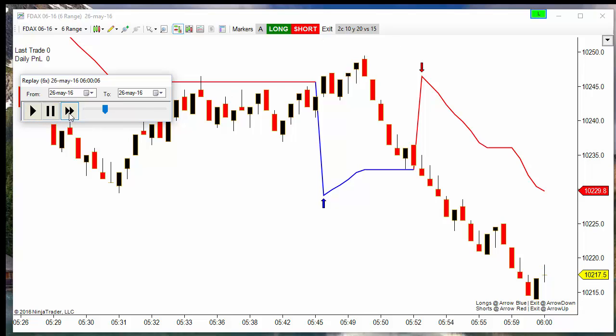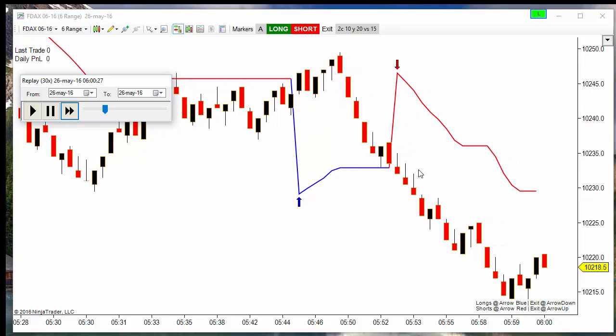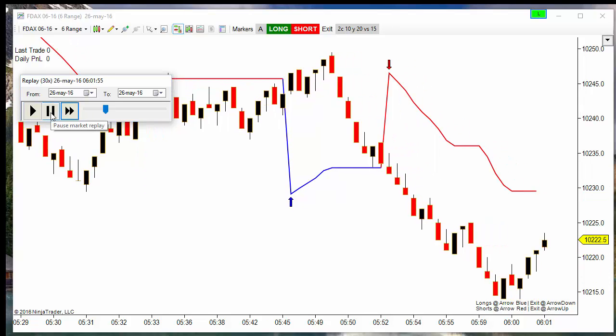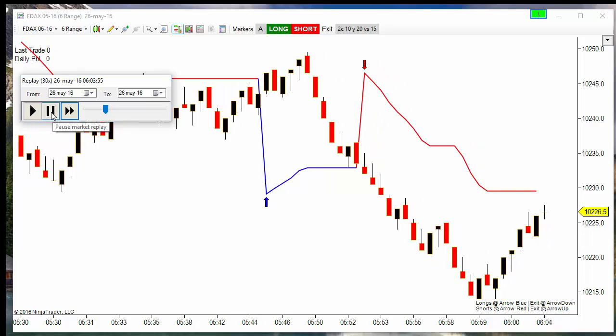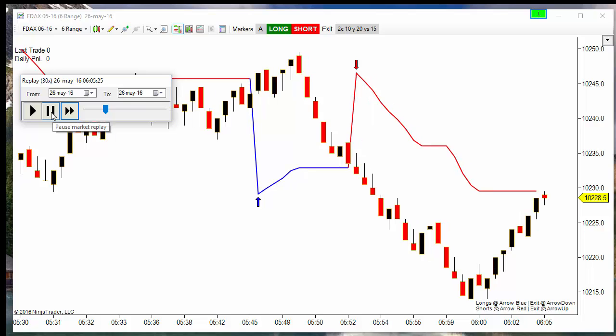I am using the same ATM, all the same conditions, but now the entry signals are the arrows. So my next signal is a long.